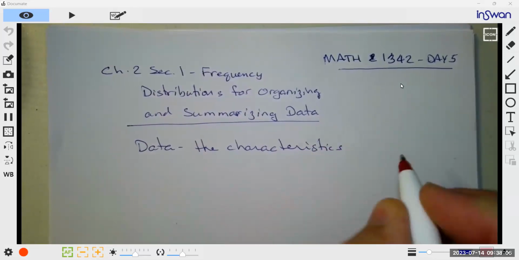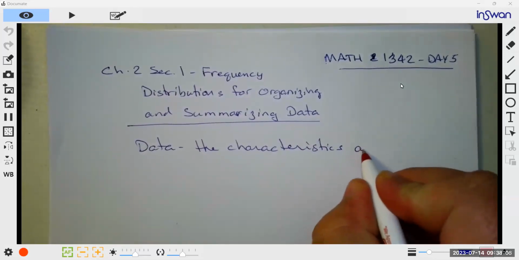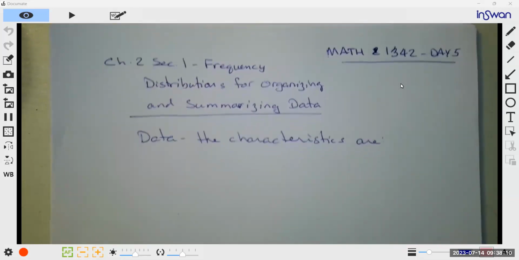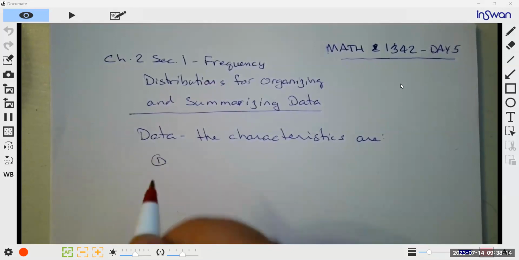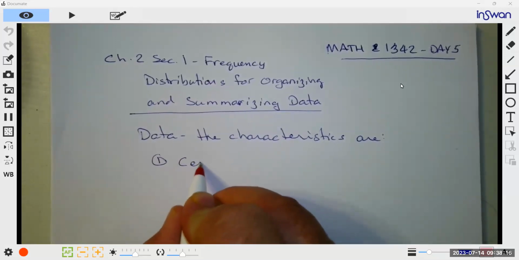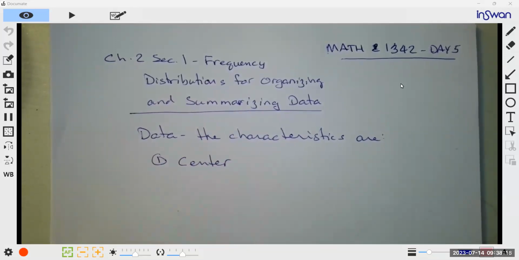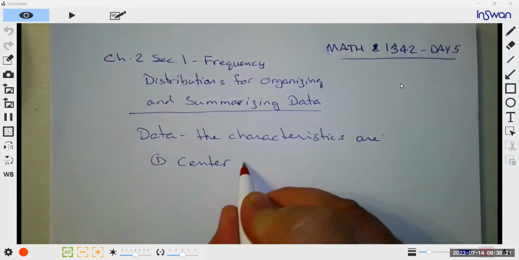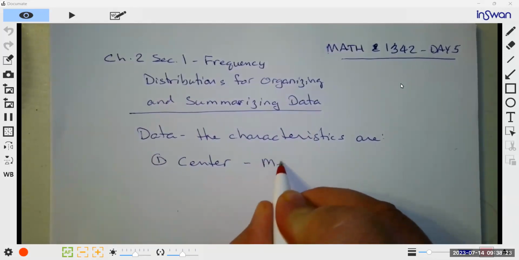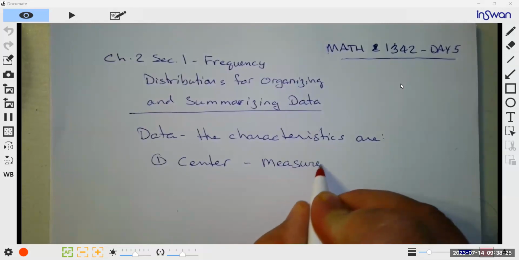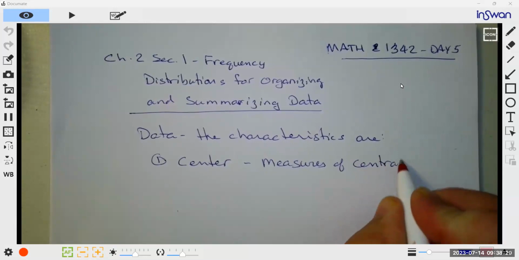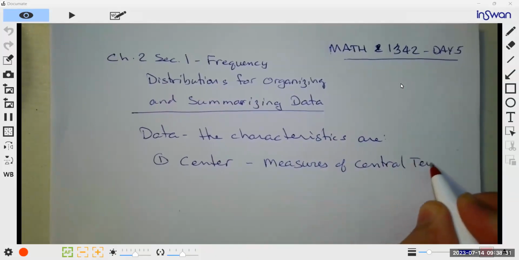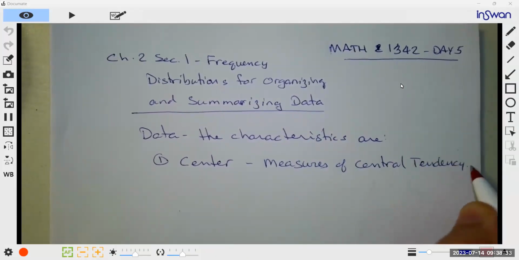the characteristics of data. The parts we're going to be looking at and be most interested in is the center. We call this measures of central tendency.